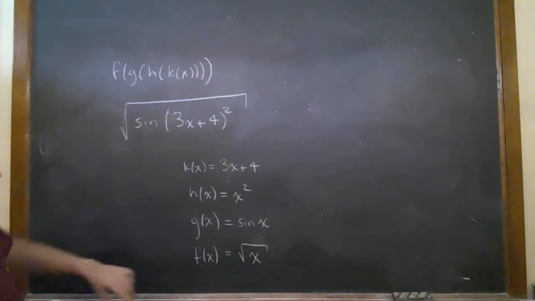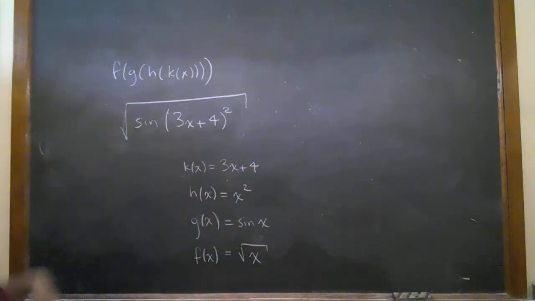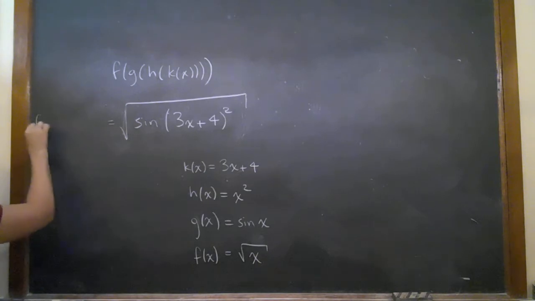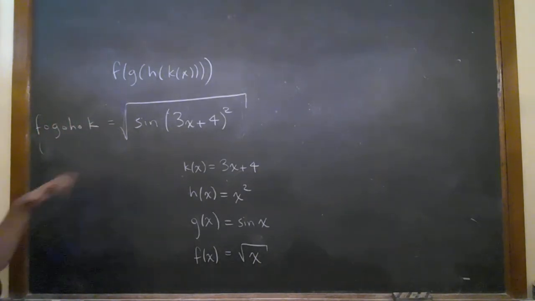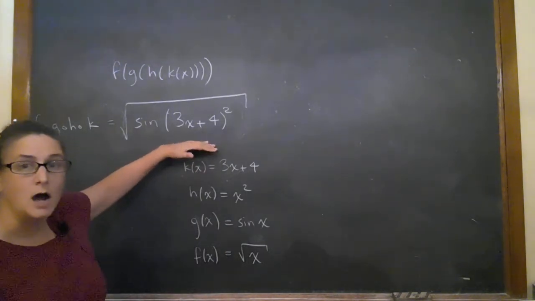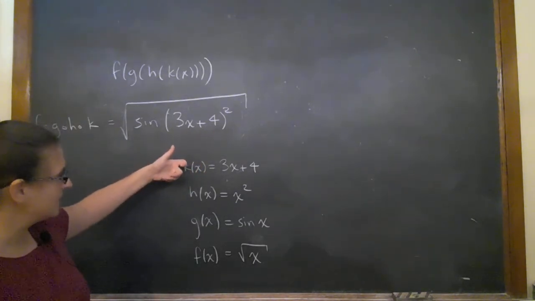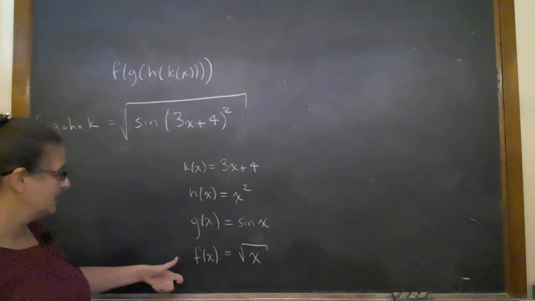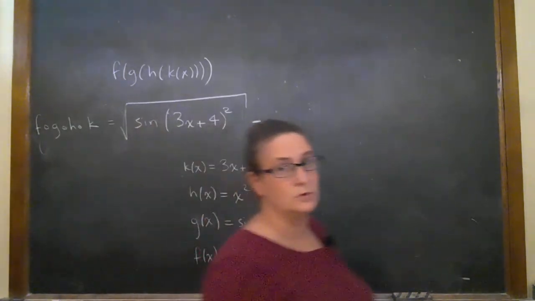So I could give you this and ask you to write down this, which is in fact f of g of h of k. Or what you'll really see that we do in Calculus, I get some nasty mess like this, and I sort of have to understand how to break it down like this, because we're going to need to be able to do that to use some of our rules.